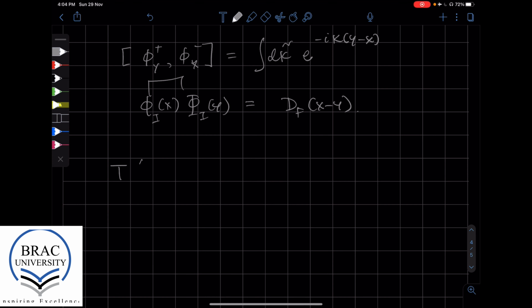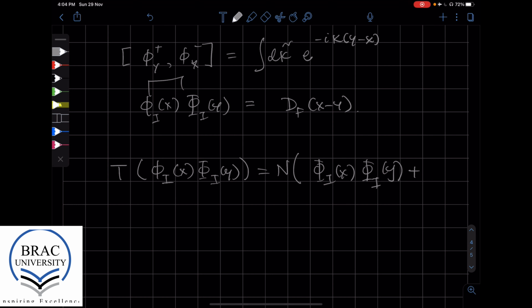The time-ordered product of two interaction picture operators, phi_I(x) and phi_I(y), is given by the normal ordering of phi_I(x) phi_I(y), plus the contraction of phi_I(x) and phi_I(y), but this we are claiming is the Feynman propagator.